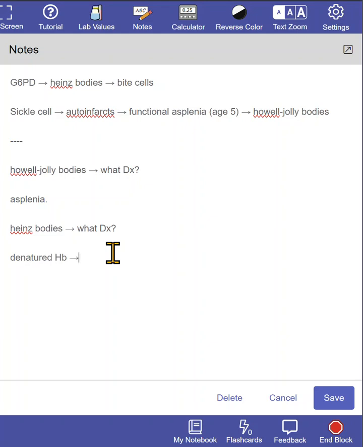And when they're removed, they become bite cells. And so it's associated with G6PD.